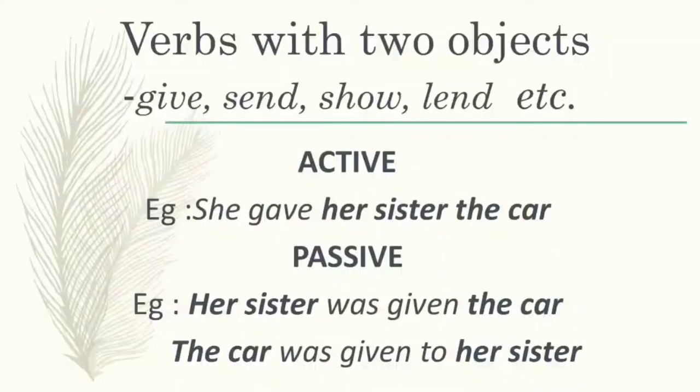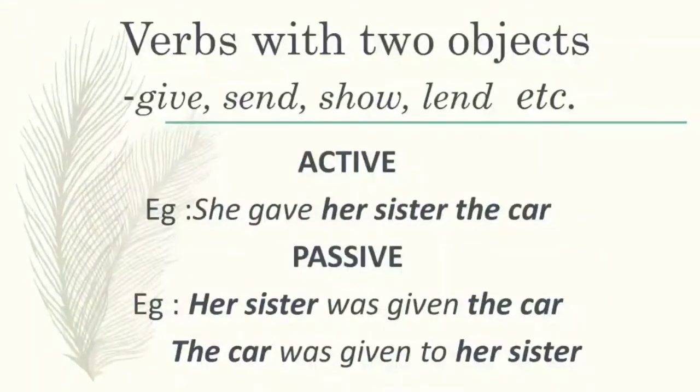If we have two objects like that, what can we do? So, she gave her sister the car. We have two objects here. How can we make passive with these two objects?